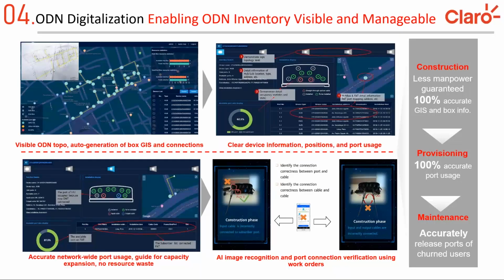We can also see the information regarding every element in the passive ODN part: how many ports are used, and how many ports are available for continuing the network deployment. Also, in the home connection part, we can know how many home connections we can deploy in these areas.